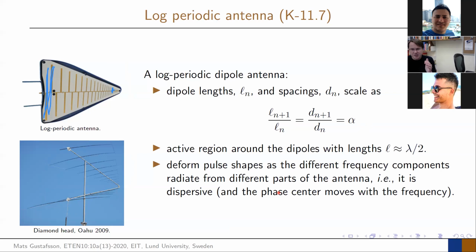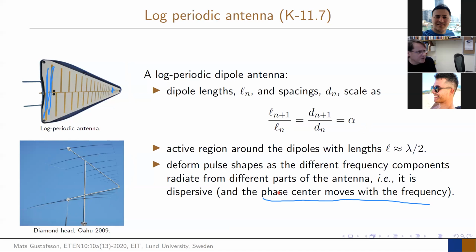So actually they are sent from different parts of the antenna. And that is something that in antenna terms is said as the phase center moving with frequency. So it doesn't have a stable reference point. The phase center of the antenna is moving with frequency. And that means if you send a pulse into this one, you don't get a pulse out. You get something else that comes out of this one.